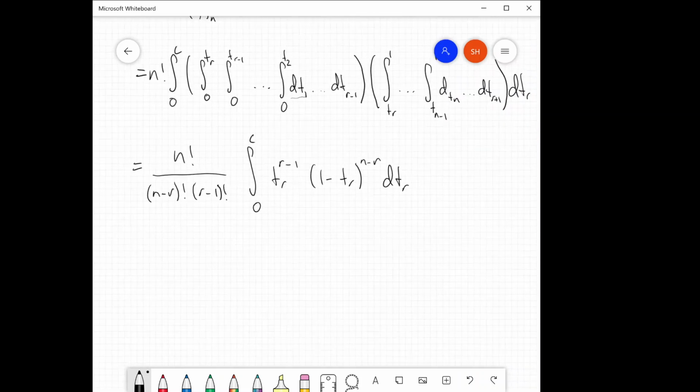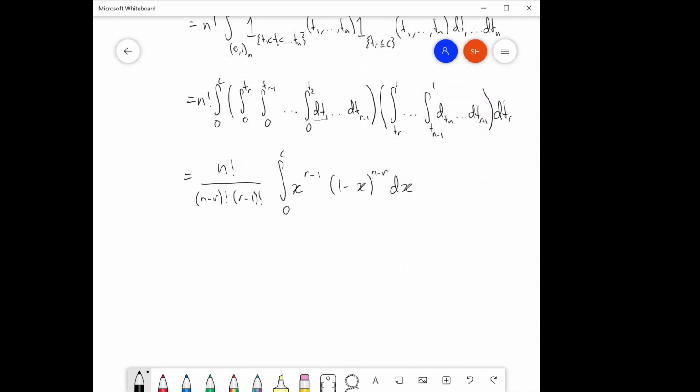Okay, and we can just go through and relabel all the t_r's. I'll do that now so that we can recognize that this is telling us that this probability distribution does have a density, and it's telling us what it is. So let's relabel those as x.